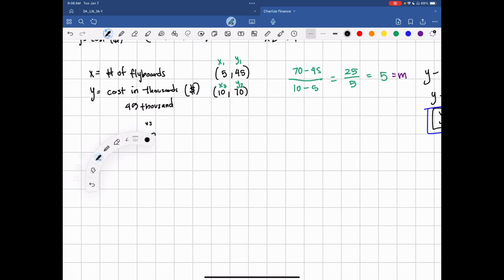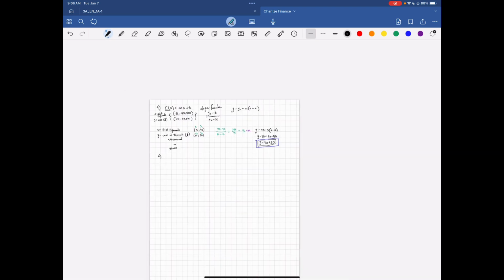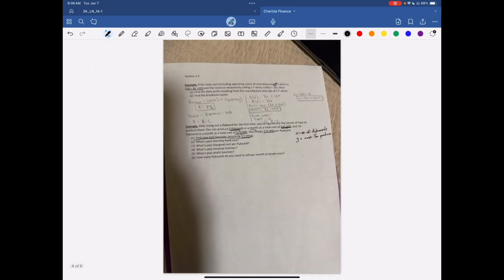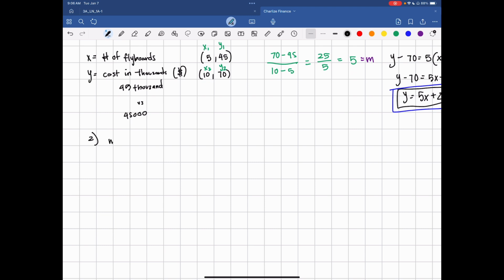Next is number two. It's asking, what is the monthly fixed cost? Monthly fixed cost.